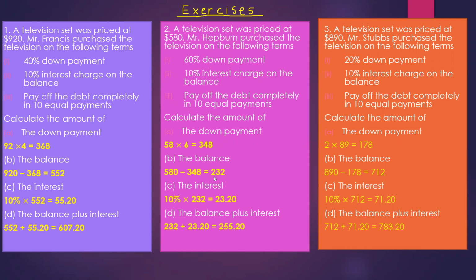And C, the interest, would be 10% times 232, which is 23.20. And then D, the balance plus the interest, would be 232 plus 23.20, which would be 255.20. Very good.